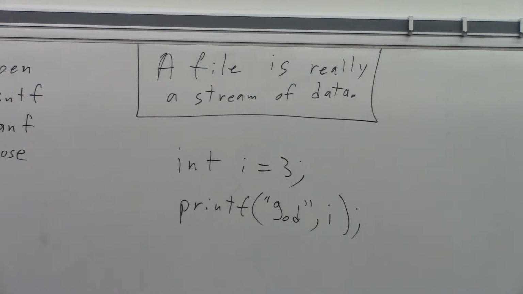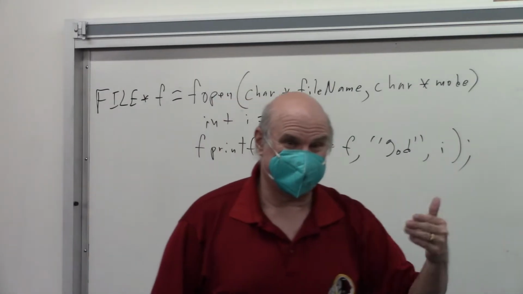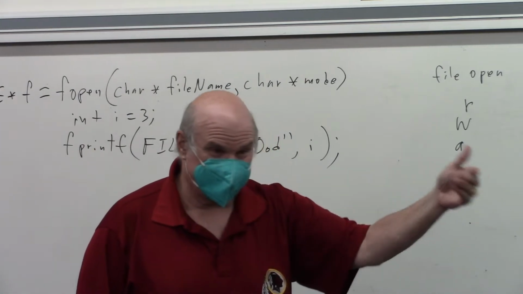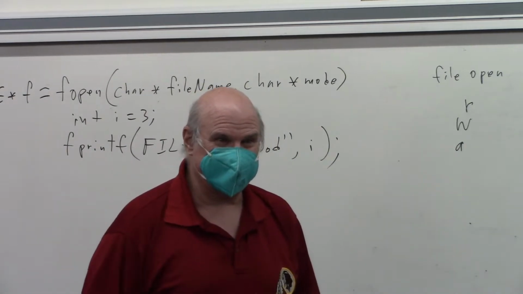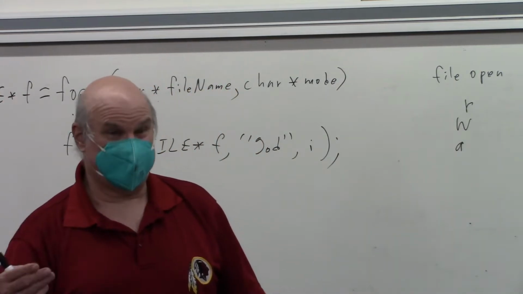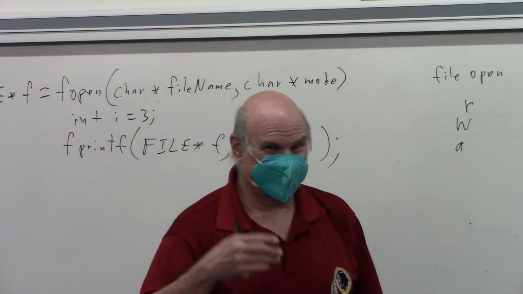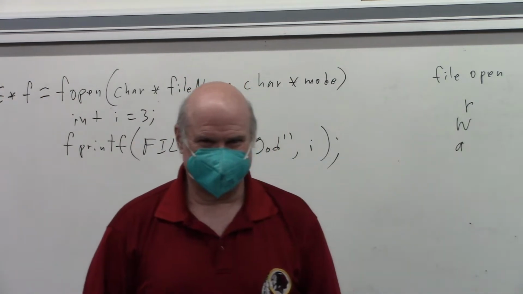It doesn't say where it's going to. A file is a stream of data. It can be coming from disk. It can be coming from a keyboard. It can be coming over an Ethernet connection. It can be coming from a carrier pigeon. I'm not kidding. Conceptually, it's the same thing. It's a stream of data.